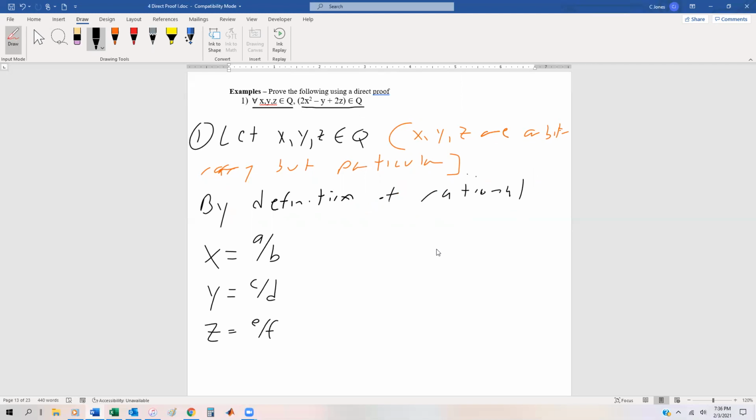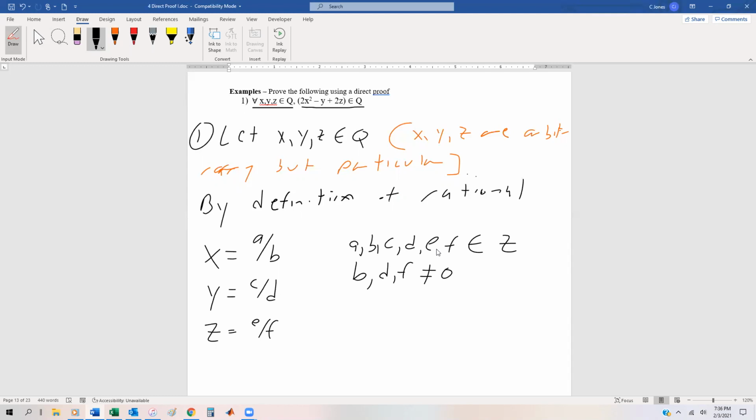Now we have to make some definitions for a, b, c, d, e, f. Okay, so we're going to say a, b, c, d, e, f are all integers. We should probably state that b, d, and f are non-zero, just because they're in the denominator.